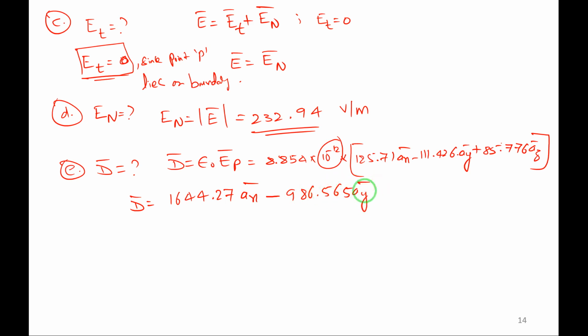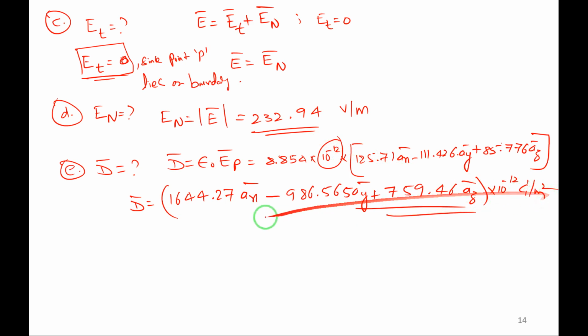Then for the third part, 8.854 into 85.776, plus 759.46 az. This entire thing into 10 power minus 12 coulomb per meter square. So this is D vector.